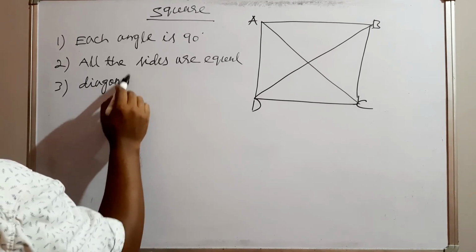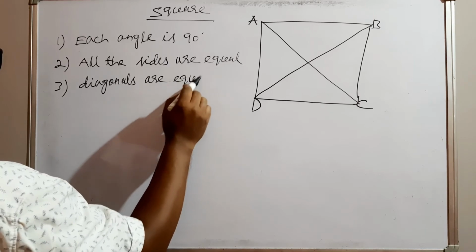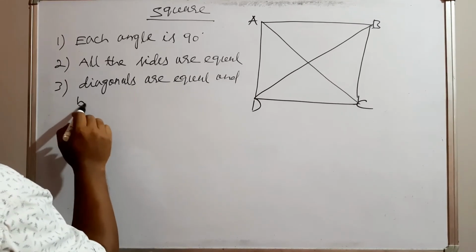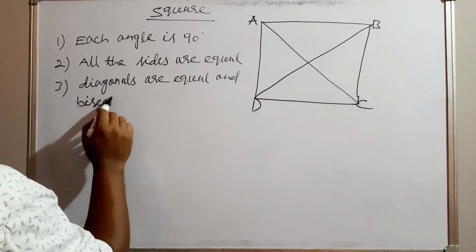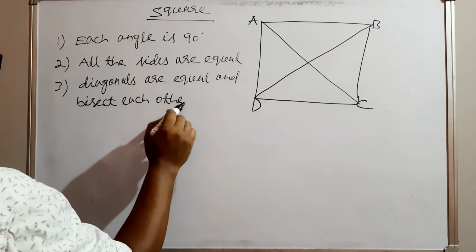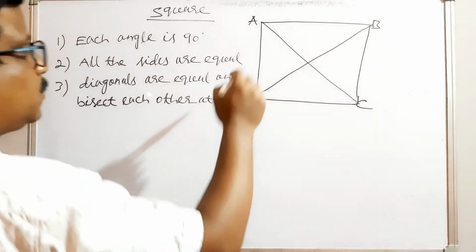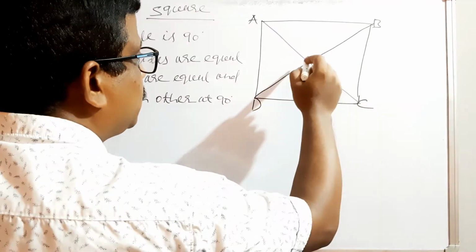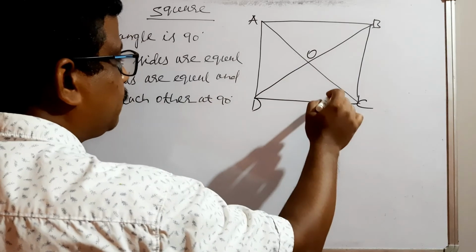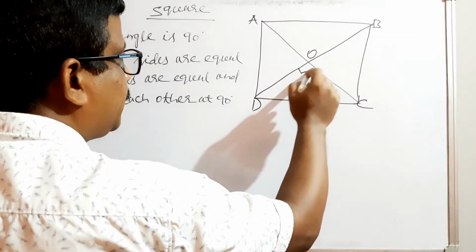Diagonals are equal and bisect each other at 90 degrees. Suppose AC and BD are two diagonals. Suppose their bisecting point is O. So they are bisecting each other at 90 degrees.